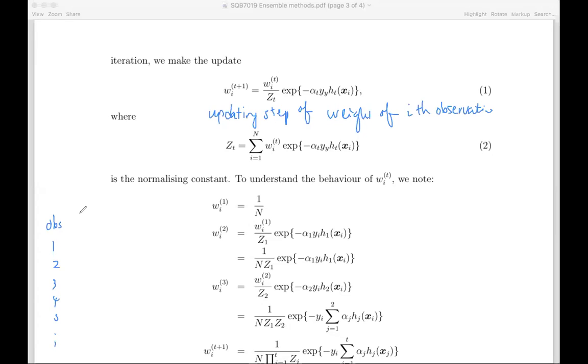This is the weight in step 1, weight in step 2, weight in step 3, and weight in step 4. At the beginning, if you have 10 observations, this will be 1 over 10, and after that it will change depending on the performance of your weak learners. So each observation has a weight that is repeatedly adjusted throughout the iterations.